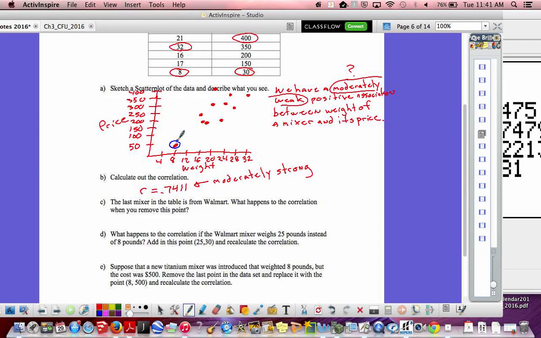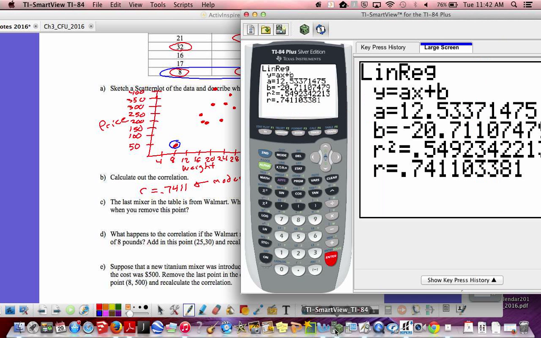What happens to the correlation when you remove this point? So what I'm going to do is I'm going to take this point, 8, 30, and I'm going to take it out of play. All of a sudden, this point is no longer a part of our calculation. Okay? So let's see what happens.